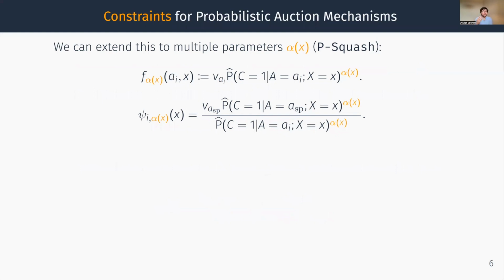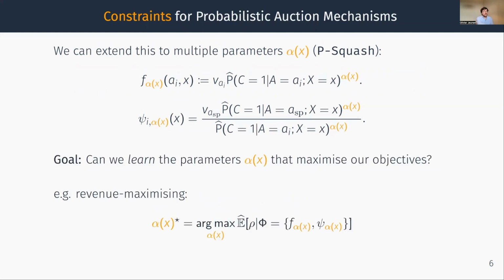And we can easily verify that this mechanism is still going to be incentive compatible. Now, the goal becomes: can we actually learn the parameters for the function alpha that is going to maximize our objectives? So, for example, can we learn the function alpha of x that is going to maximize the expectation of revenue while still remaining within this incentive compatible framework?